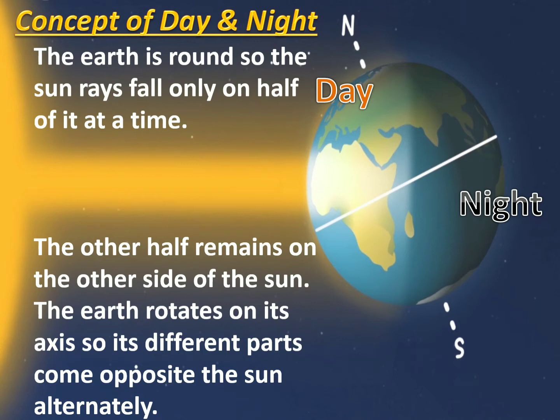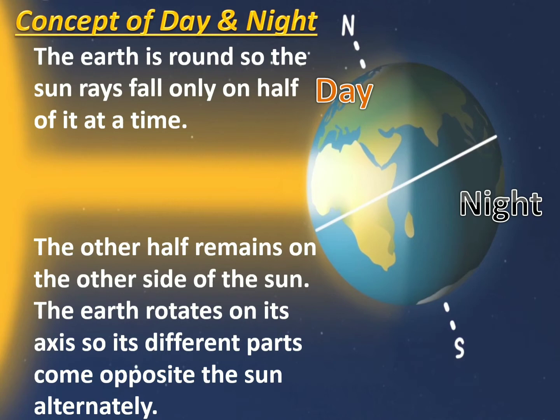The other half remains on the other side of the sun. In this slide you can see that sun rays are falling on only half of the Earth, where I have written day, and the other part of the Earth, where I have written night, is in dark. It is daytime where the sun rays fall and the other side is night.